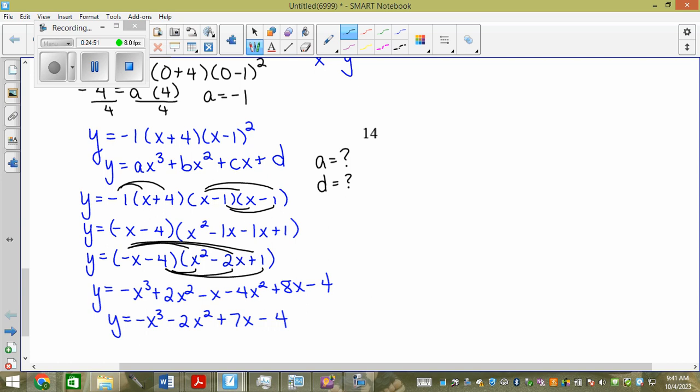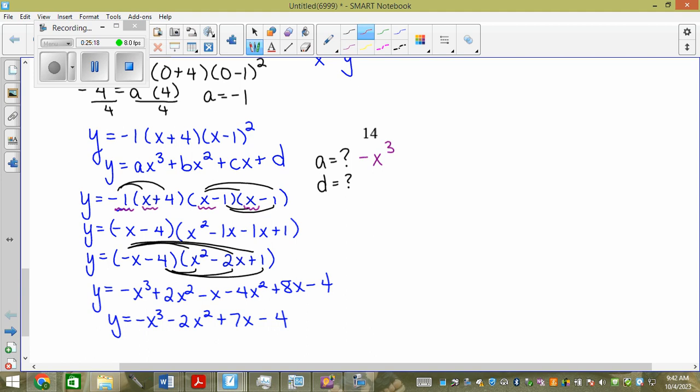What I have to do if I just want A and D: if I want a, I multiply all of the x's plus whatever number's sitting in front. So if I want just the value of a, I would go -1 times x times x times x. And what do I get? Negative x cubed.